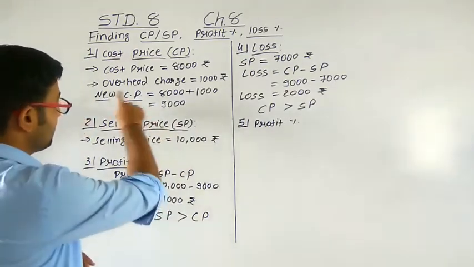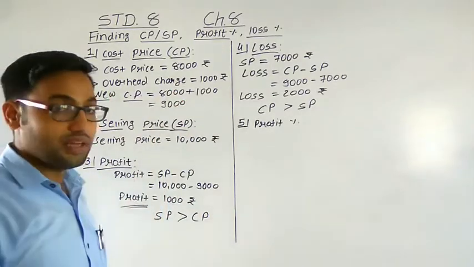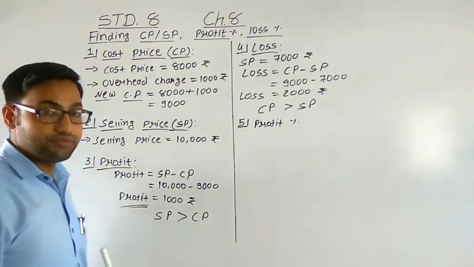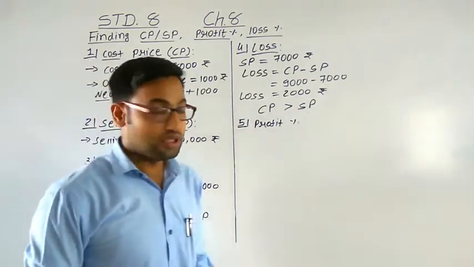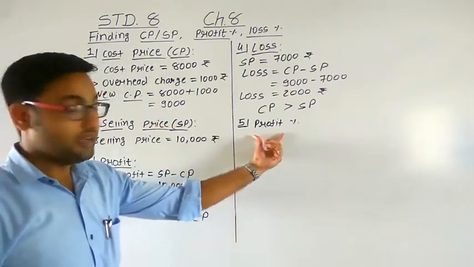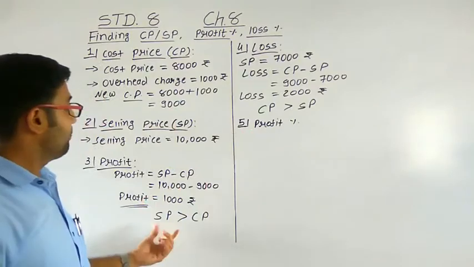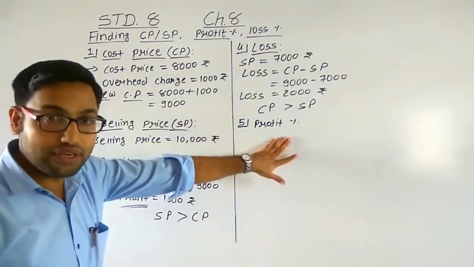Here we are considering the overhead charges, that is why we are taking the cost price as 9000. Whenever we are calculating the profit, we have to take the base of cost price. Because how can we know what the profit is? This is because of the cost price. So based on this cost price, now we have to calculate the profit percentage.